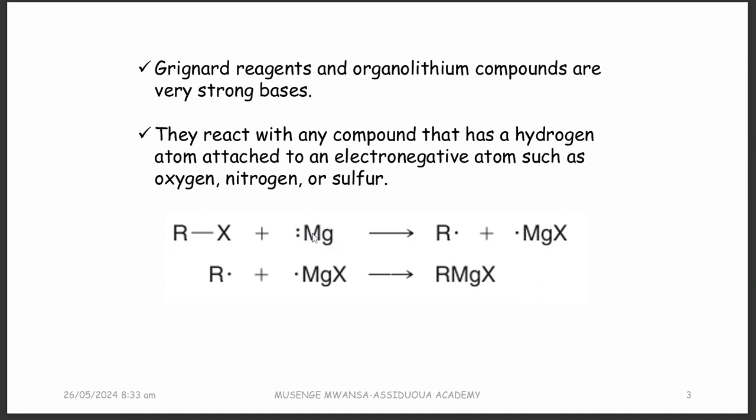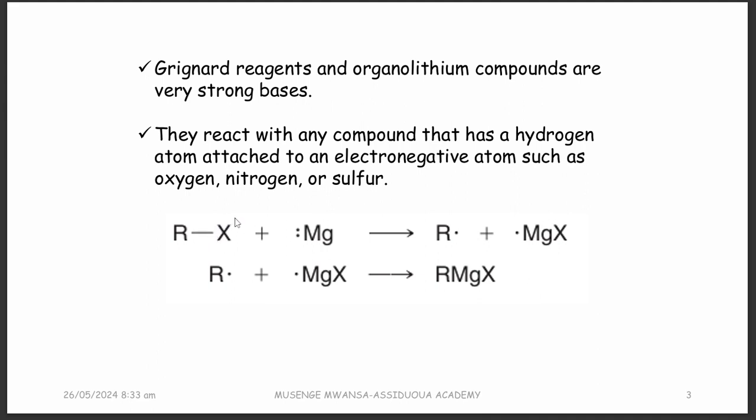So when you have got a metal, you can see magnesium, it attacks an alkyl halide, it displaces the alkyl group. You form the organometallic compound. Actually what was happening here is that you don't displace the metal.